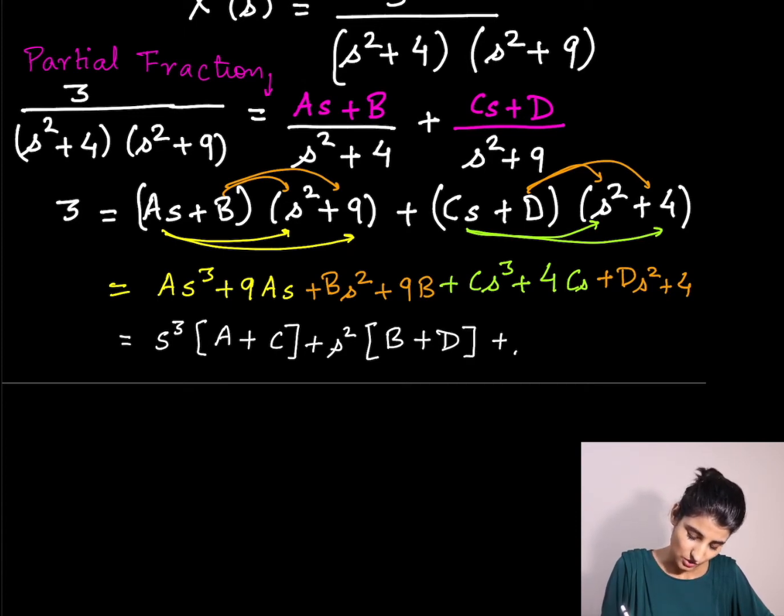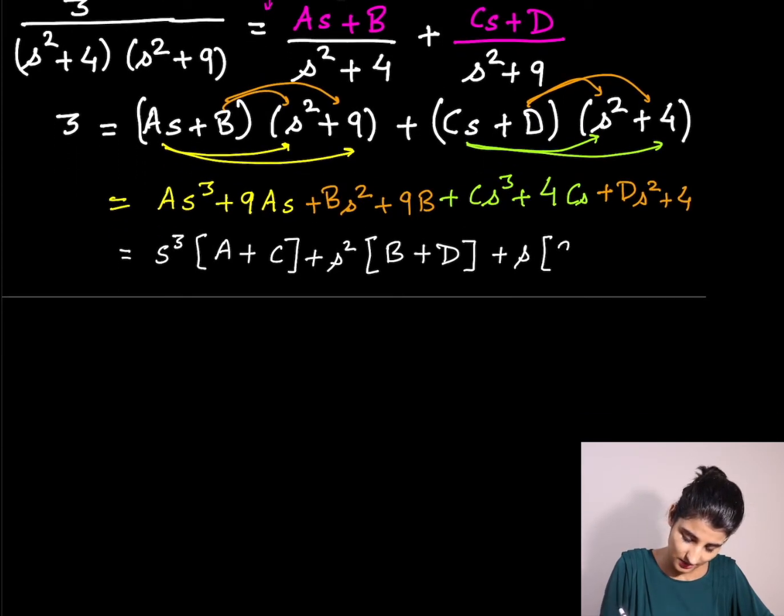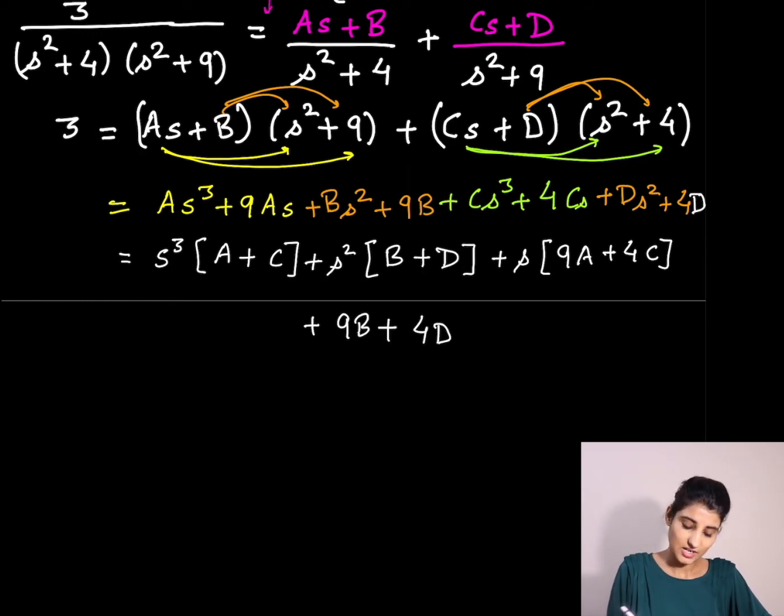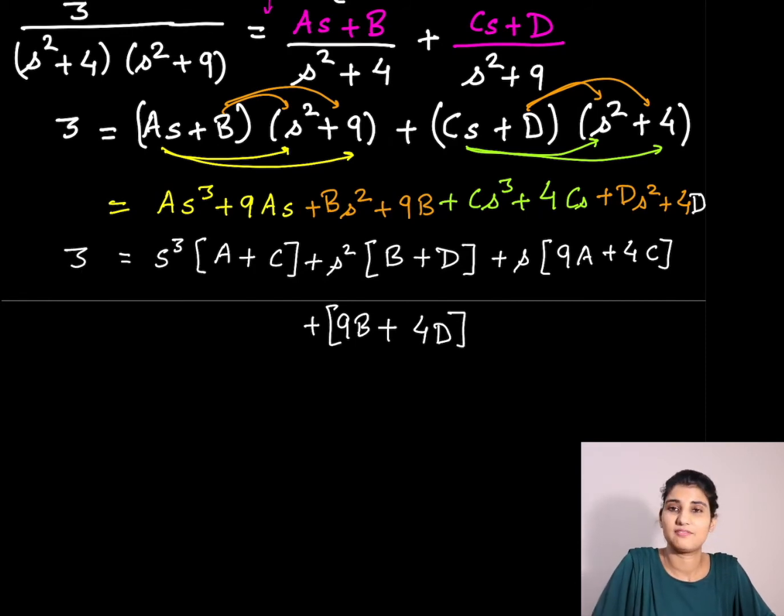The coefficient of s is 9a plus 4c. Then we have 0. And the constant term is 9b plus 4d, and we are comparing this with 3, right?